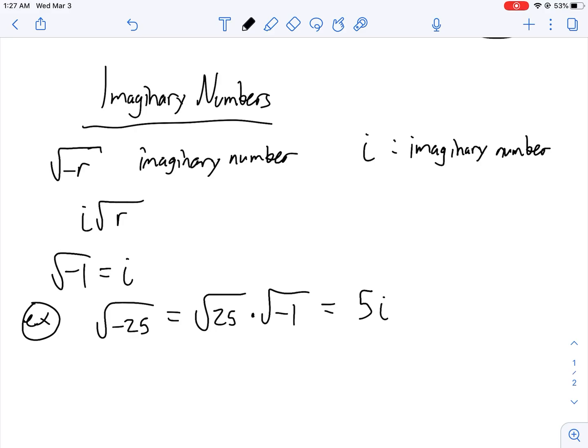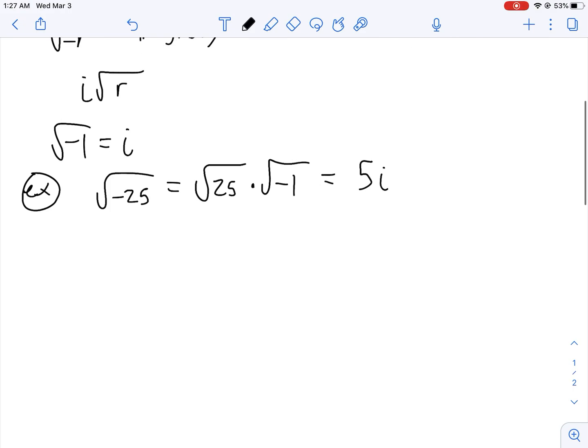So whenever I have a negative inside of the square root, I'm going to split that off as a negative 1 being square rooted. And this is for every single even root. We do this. And we really only see square roots that we're dealing with this. So the square root of negative 25 is 5i.